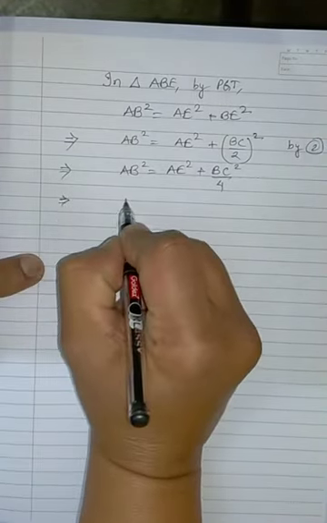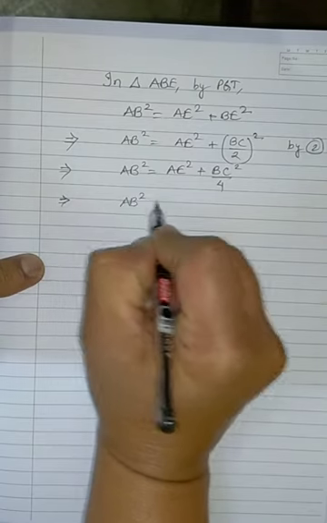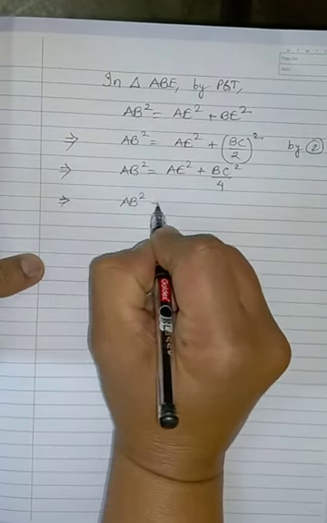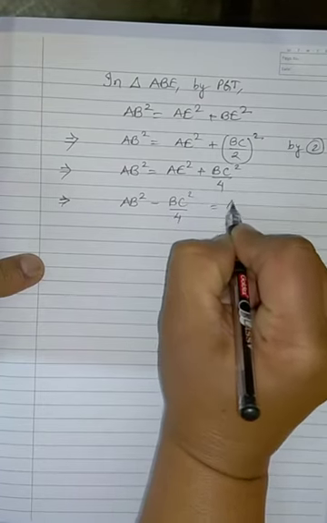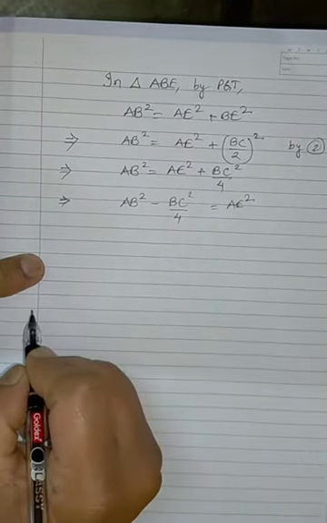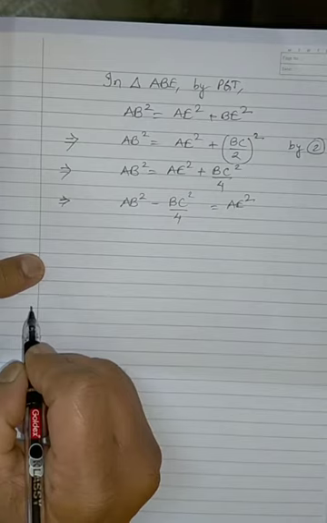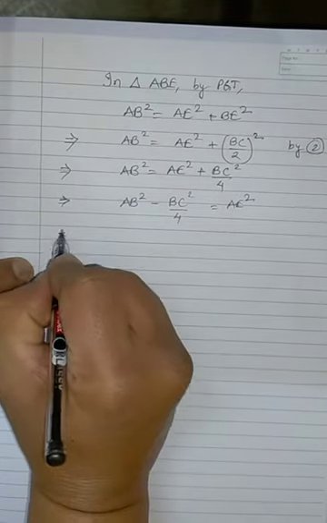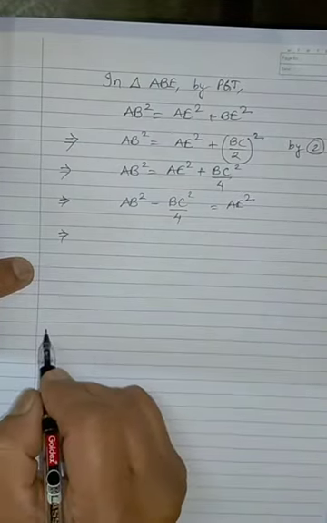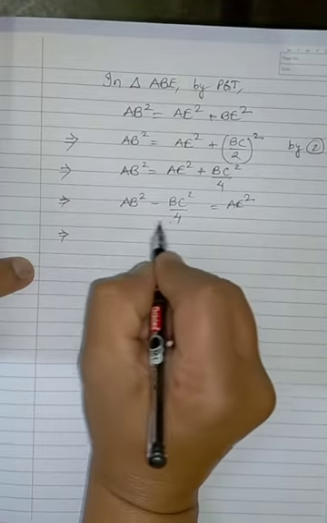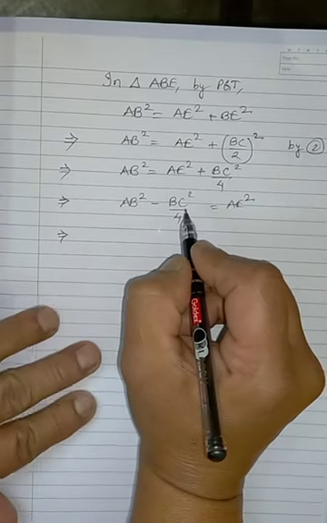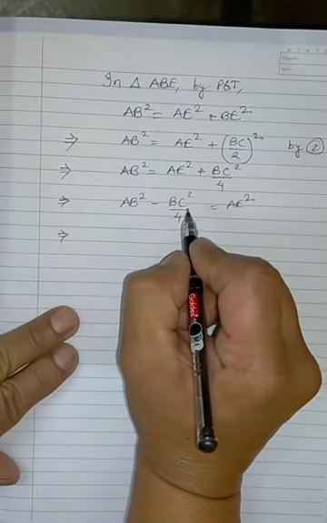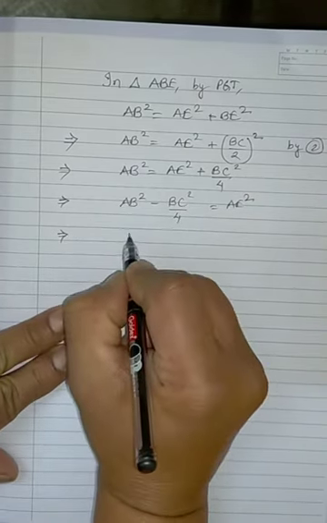That implies AB square minus BC square upon 4 is equal to AE square, by transposing BC square here. Now let us take the LCM. Also, BC is equal to AB, since triangle ABC is an equilateral triangle, so we will replace BC by AB.